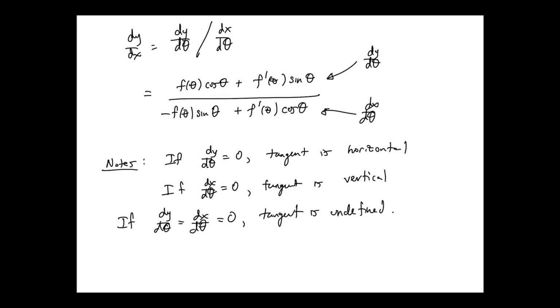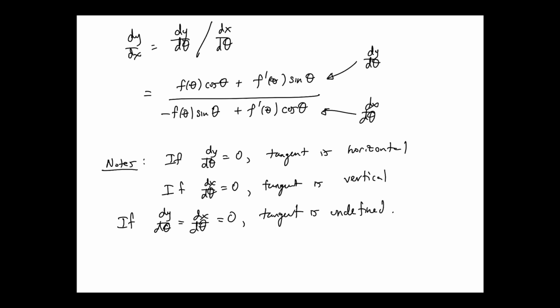If they're both 0, we have a bit of an issue. Then our slope is 0 over 0, which is not a specific number, right? That's an indeterminate form. And usually this means that there's a discontinuity, an asymptote, or a cusp, like a sharp point.